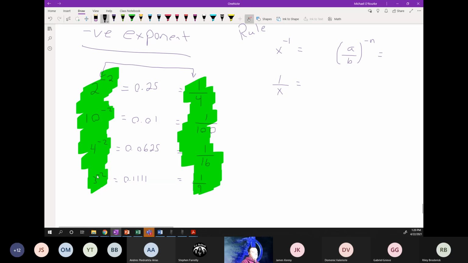That should be a negative there. Oh, yeah. If you times it by itself, it equals the bottom of the fraction. Like 2 times 2 is 4, 10 times 10 is 100, and then 4 times 4 is 16, and so on. Good. The denominator, yeah.